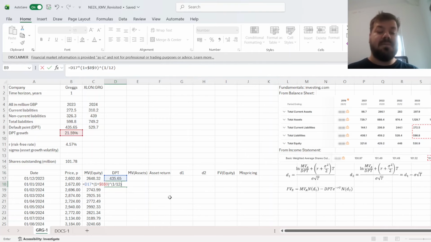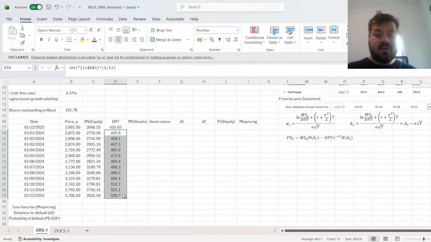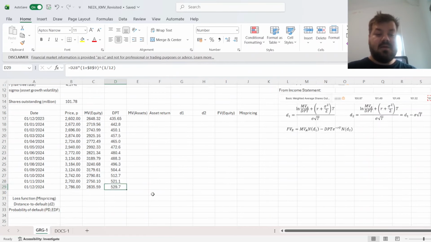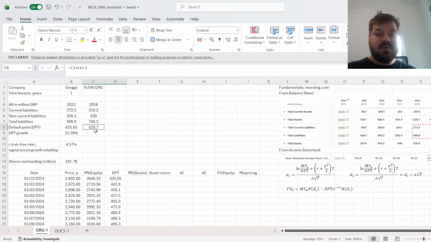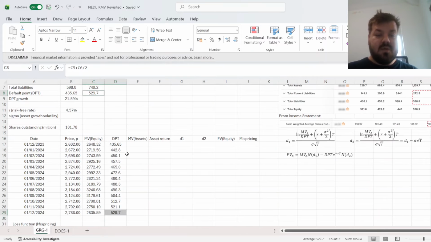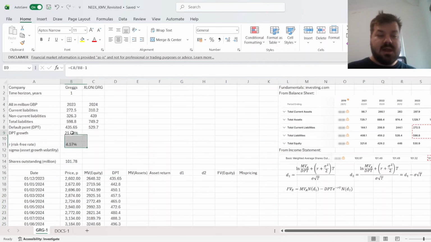So it's a monthly equivalent rate. And checking that we've got it correct, the DPT for the end of our sample is exactly the same as the one for the year in 2024. We see that we have essentially evenly scaled our default point, our DPT, across the year, so that we get the same growth rate as here.